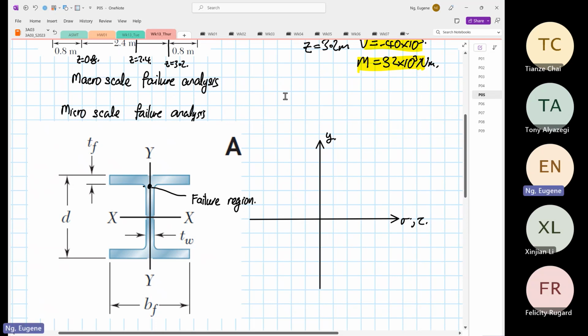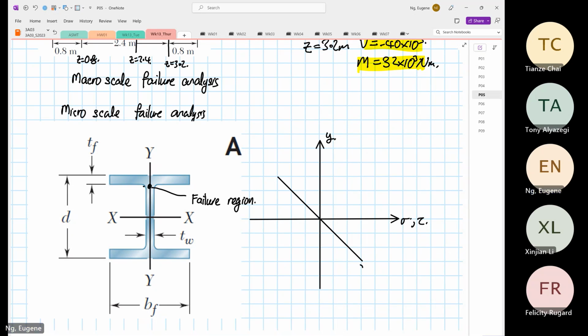So if we were to sketch the bending moment distribution, it will look like this. Again, this is just a sketch. So this equation complies to stress Z is equal to Mx over Ixx multiplied by y.